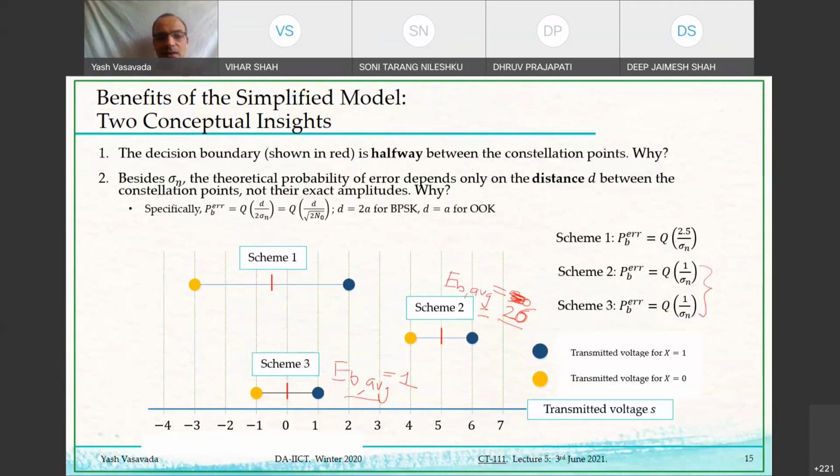So is there any reason to do scheme 2? No. There is no reason to do scheme 2. It has no benefit over scheme 3, and it is in fact hurtful because you're wasting energy.